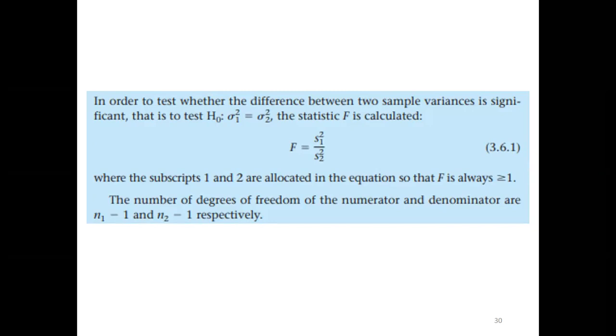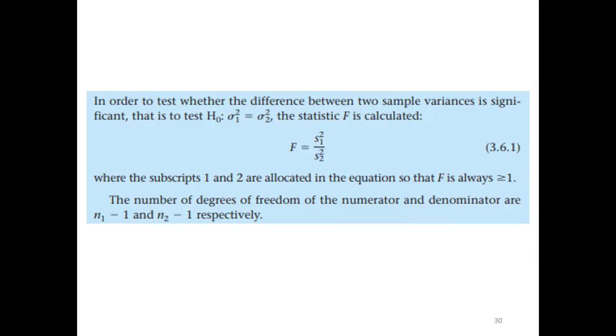And here also, as in the t-test, at the very beginning we make a hypothesis called the null hypothesis. The null hypothesis here is that sigma 1 squared and sigma 2 squared are equal. That means the variance from method 1 equals the variance from method 2.